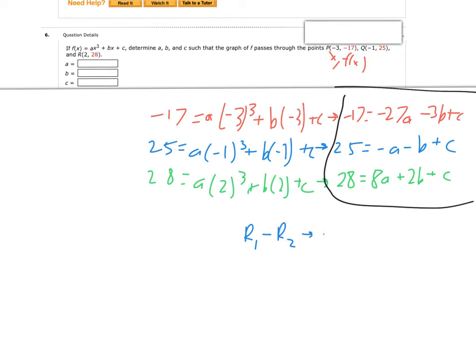So it'll be negative 42 equals negative 26a minus 2b, and the c's cancel. Yep, that's all good. All right, and then I'll do R2 minus R3. So that'll be negative 3, and then this one will be negative 9a, and then negative 3b.